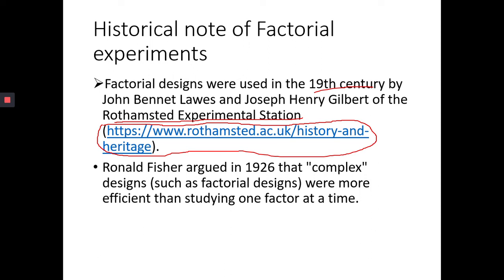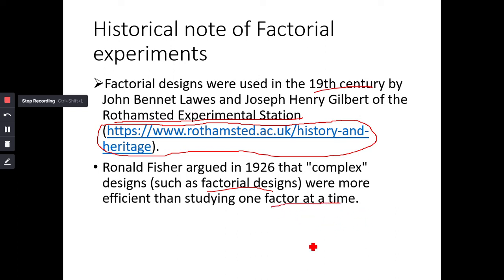So, likewise, this is where factorial designs also started. That is why I have highlighted that one. Ronald Fisher argued in 1926 that complex designs such as factorial designs were more efficient than studying one factor at a time. I totally agree with the notion that Ronald Fisher presented then.